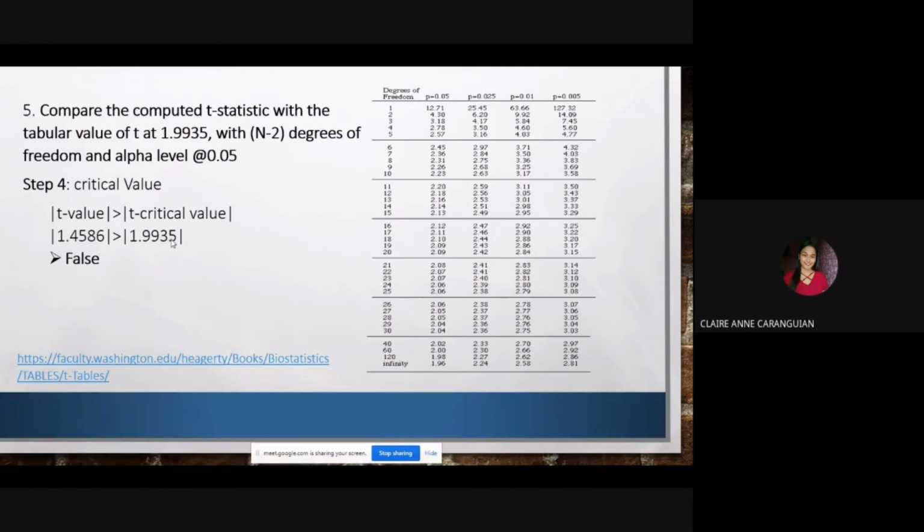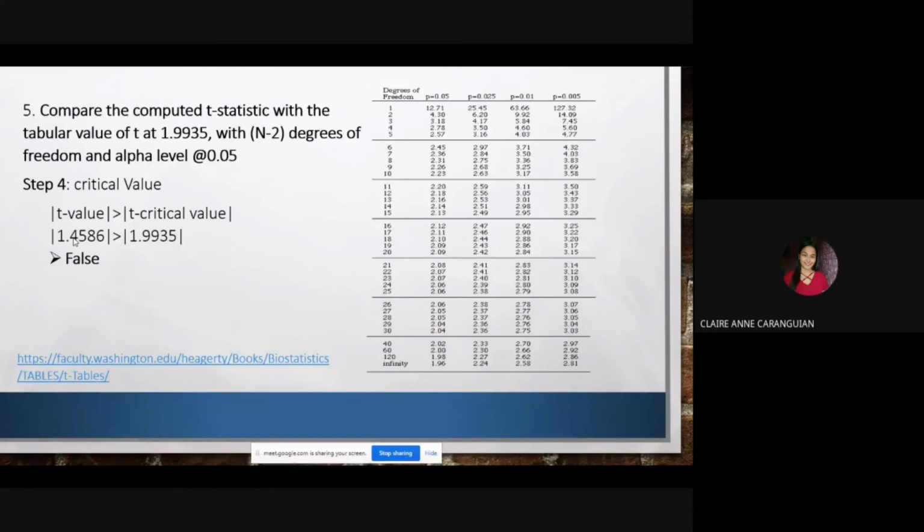So, false, because we can see here that the t critical value is larger than the t value. Okay? So, as a general rule, the t value needs to be greater than the t critical value. If the t value is not greater than the t critical value, therefore, it is false.